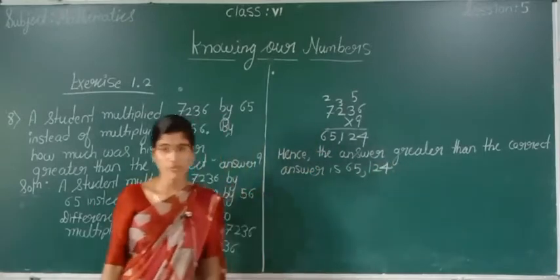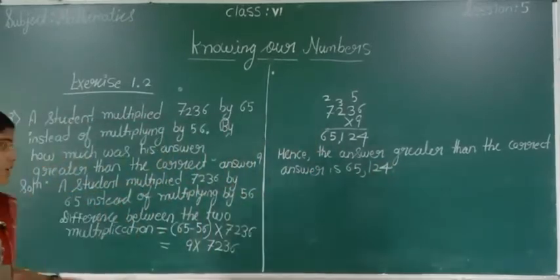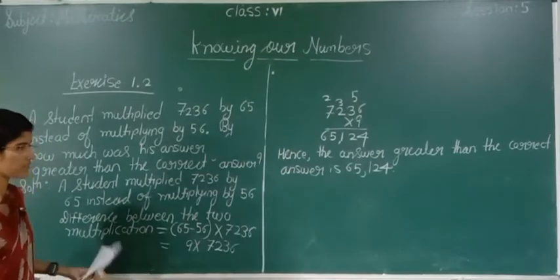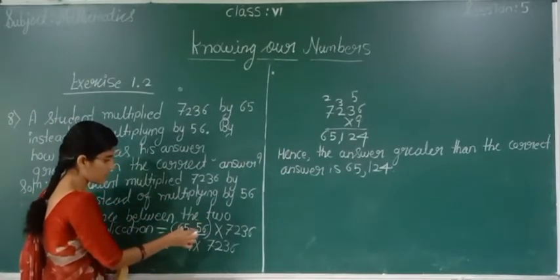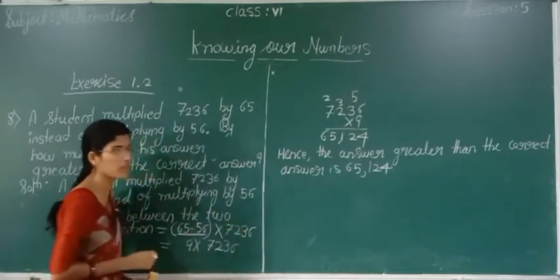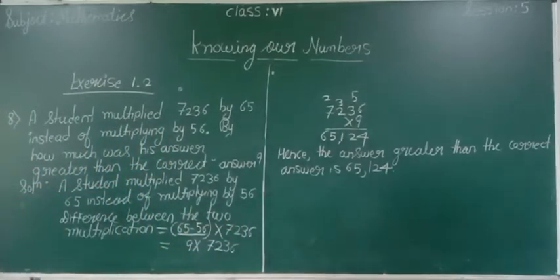If you also make the same mistake, you can do it in a very easy manner. You take the difference and multiply it by whatever number they have given you. Now we will see the next question.